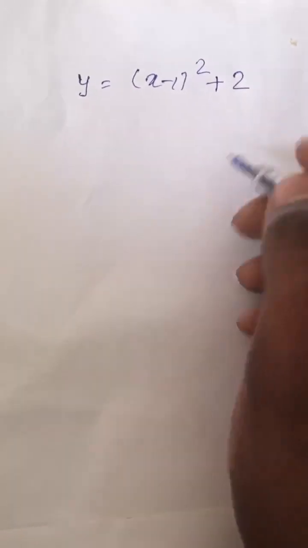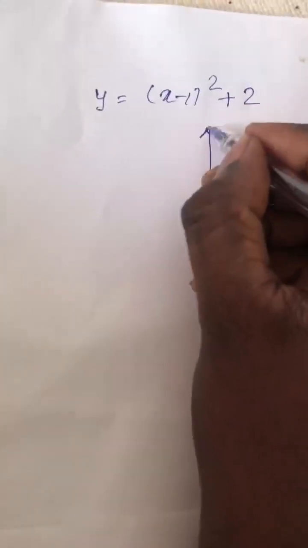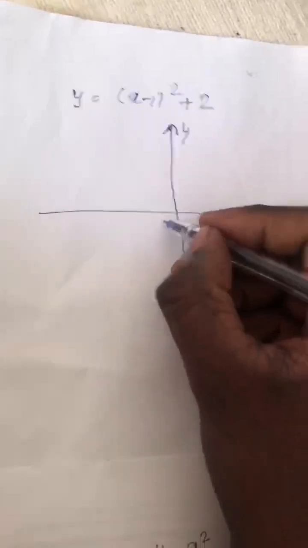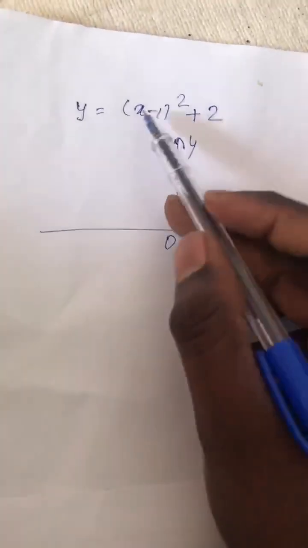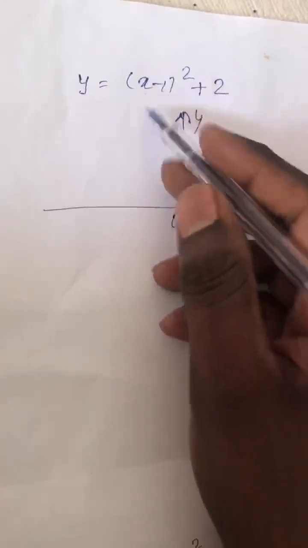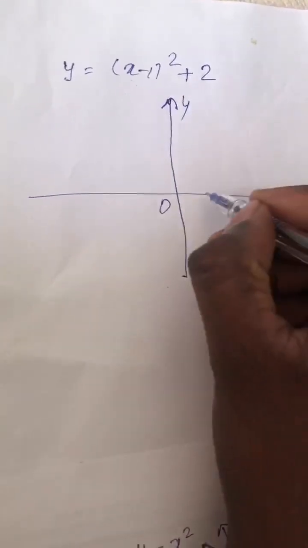This is the y-axis, this is the x-axis, 0. So here when we replace capital X, when x minus 1 equals 0, x equals 1.